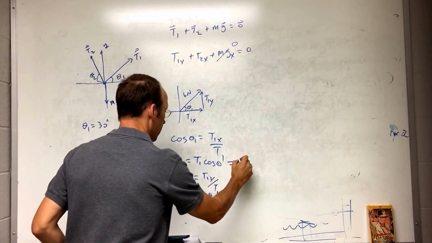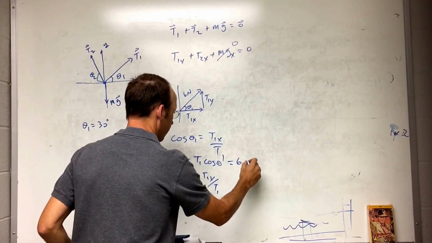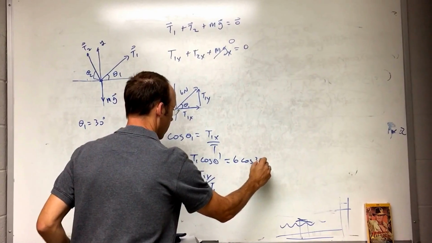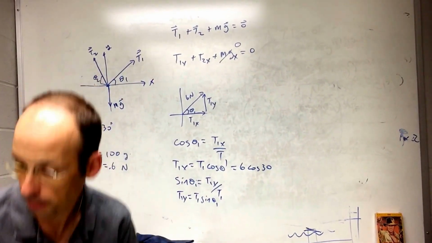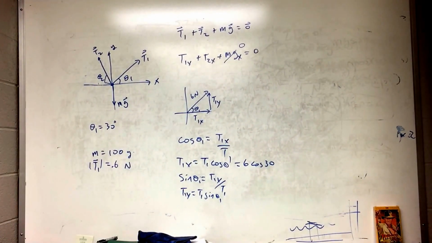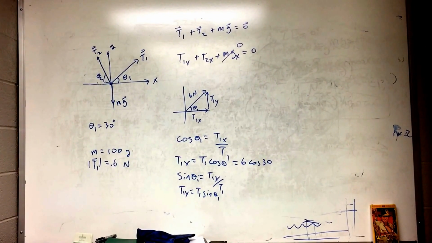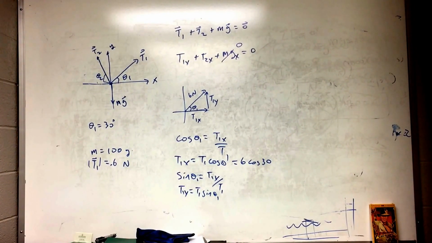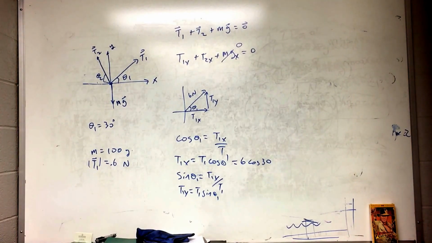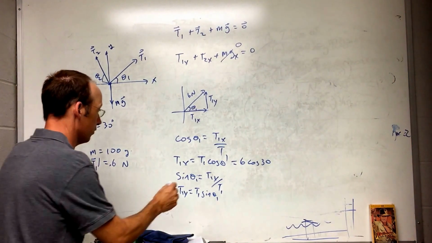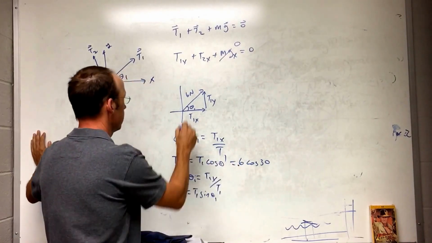This is going to be 6, I left off the units, times cosine of 30. You could get that in terms of the square root, but I don't want to make mistakes, so I'm doing it on my calculator. So, I'm sorry, this is 0.6 newtons.